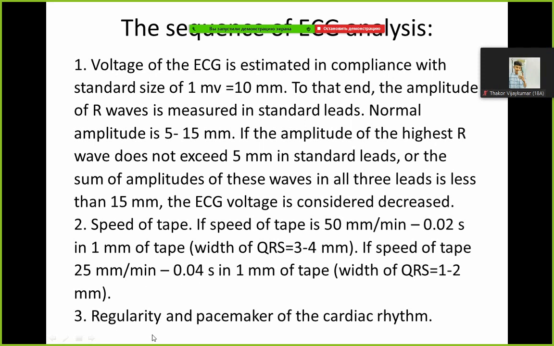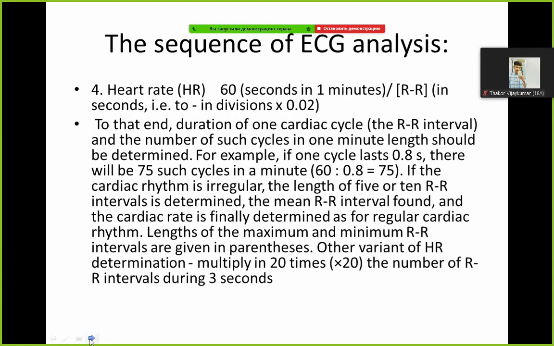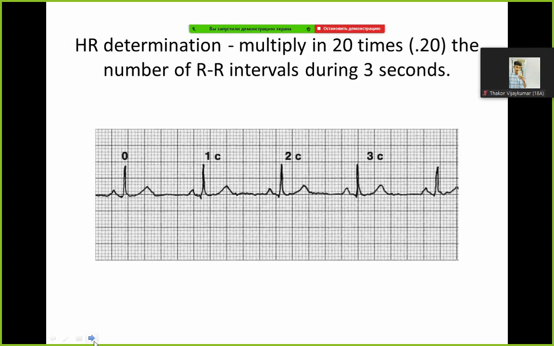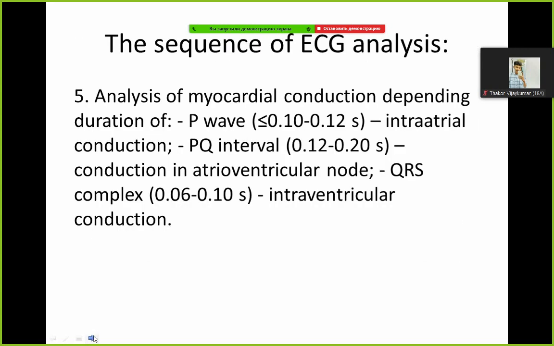Then we must estimate the regularity and pacemaker of cardiac rhythm. Then we must calculate the heart rate, and the heart rate we calculate according to this formula. And then we analyze myocardial conduction depending on the duration of P wave, PQ interval, and QRS complex.